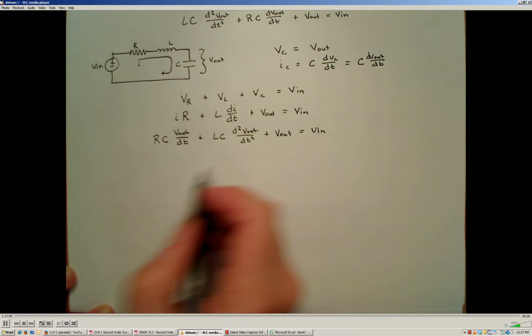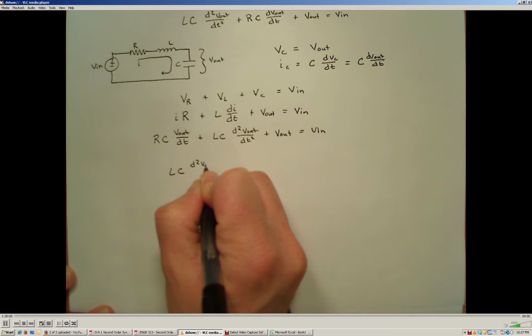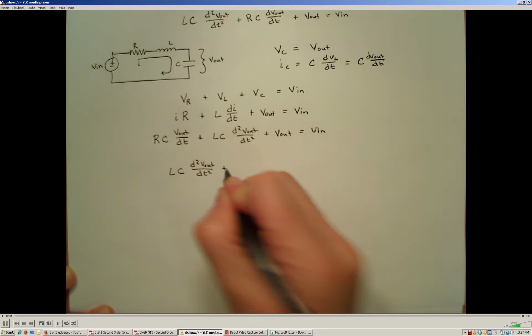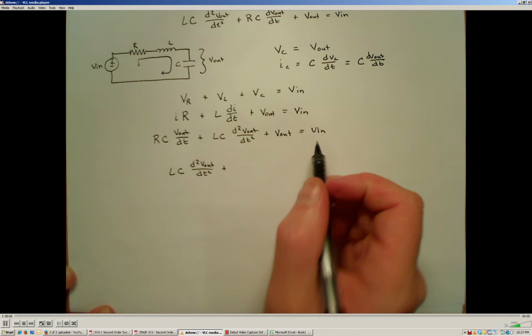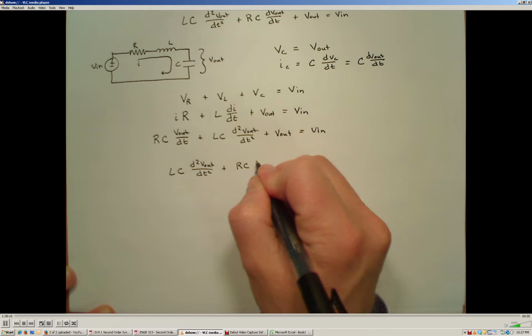And now with a little bit of rearranging, I wind up with the same second order equation that I did using the node voltage method, which required some substitution and some pretty tricky algebra and calculus.